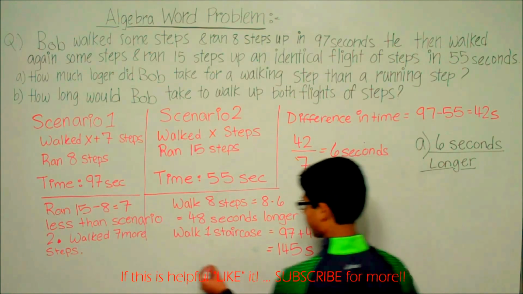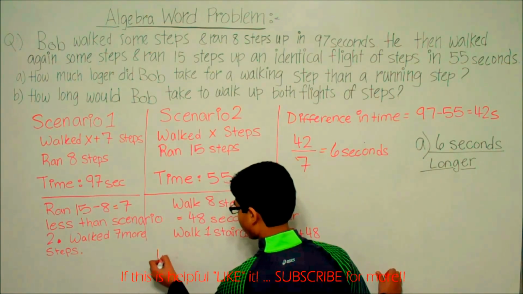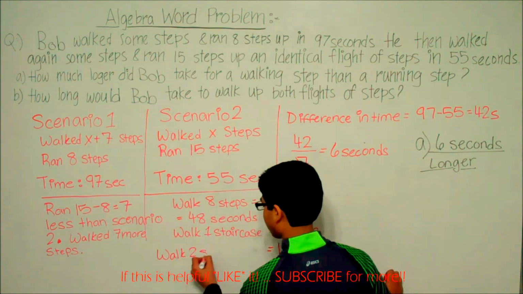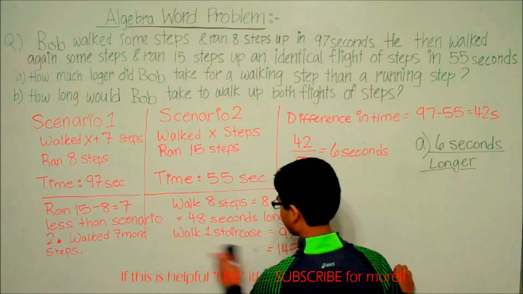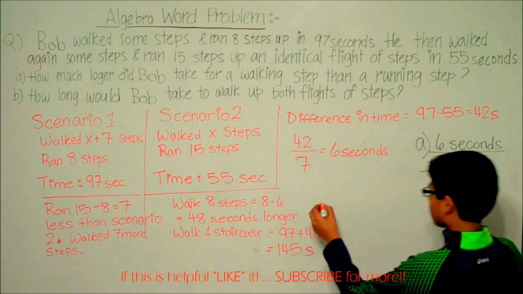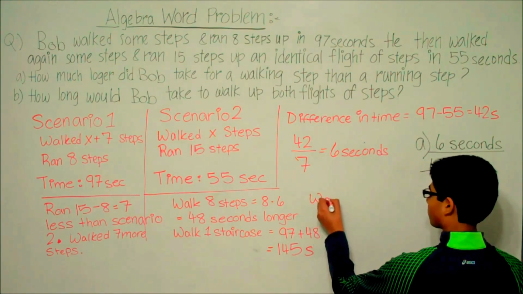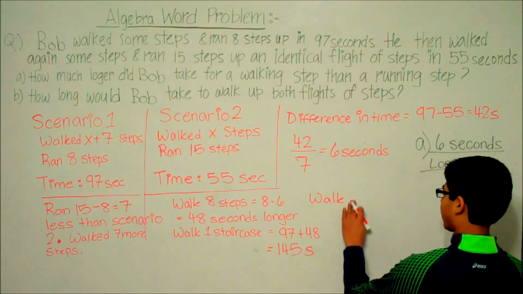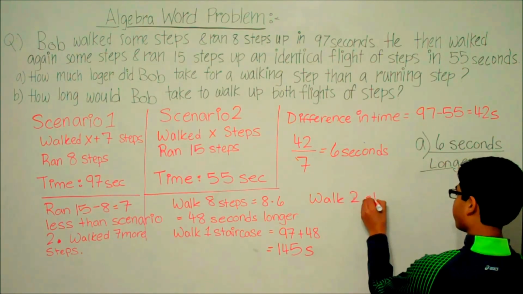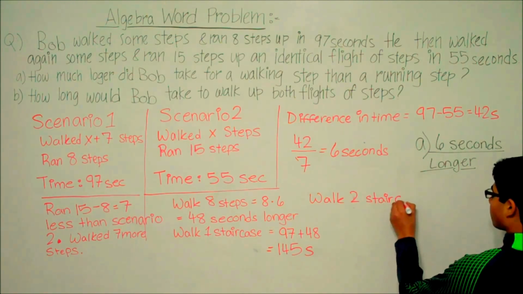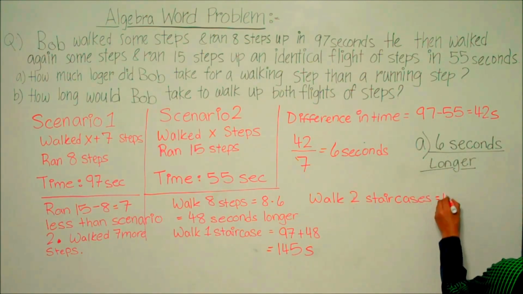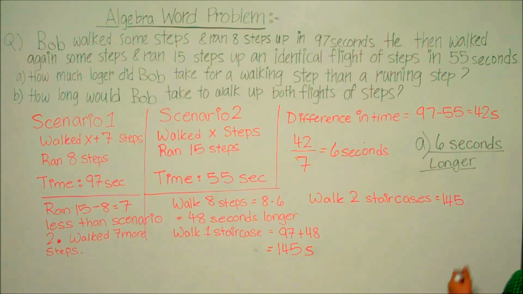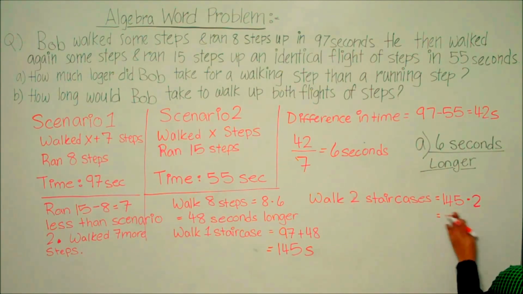So to walk 2 flights of steps, or to walk 2 staircases, it takes him 145 seconds, which is the amount for 1 staircase, times 2, which is equal to 290 seconds.